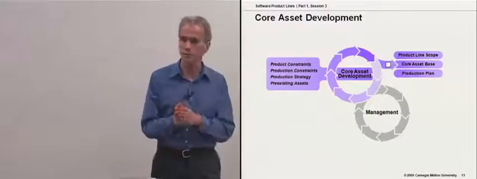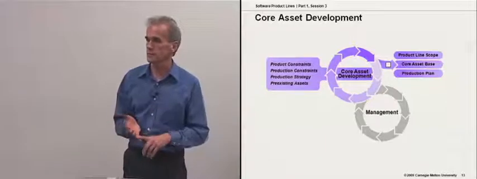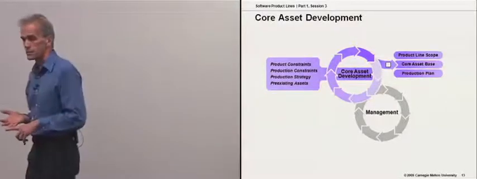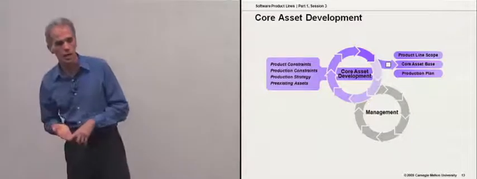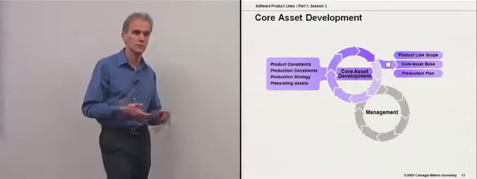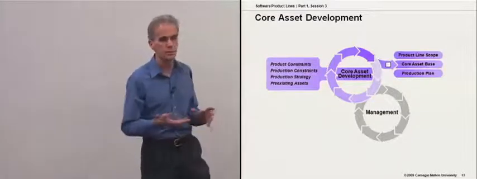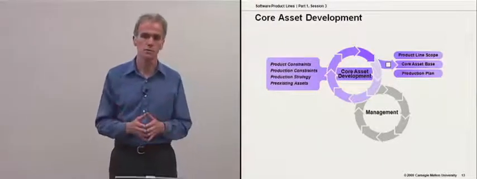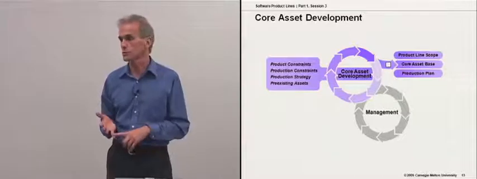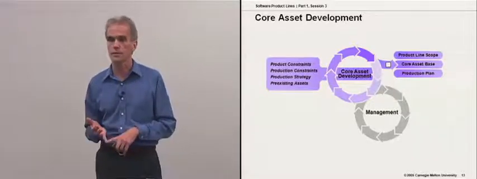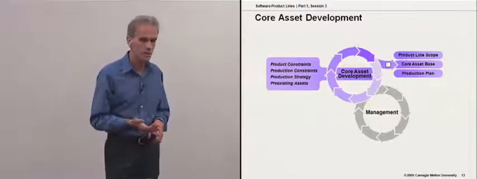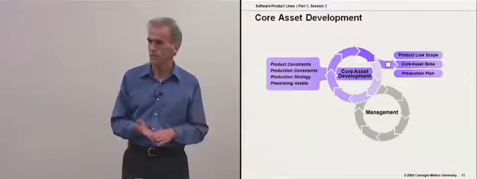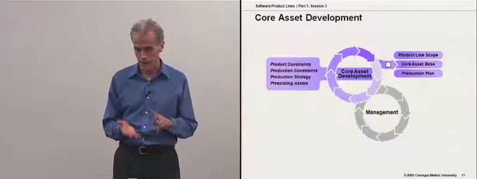But it's not until you get into core asset development and you start looking at your areas of expertise and looking at what's common and what's variant across the initial proposed set that you really start to understand what this scope actually means. So when you're talking to your domain experts, you start to get an idea of the technical feasibility of doing a set of products as a product line.